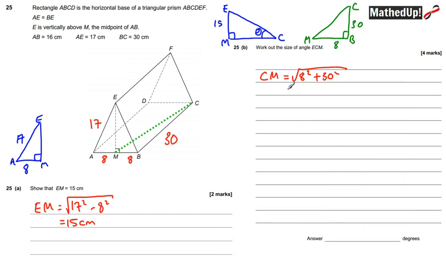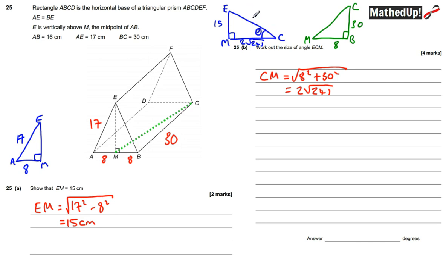So CM is equal to 2 root 241, and we'll just leave it like that for the time being. Okay, so I can now label this in over here. I know that this length here is going to be 2 root 241. Okay, so now I know the opposite side and I know the adjacent side.